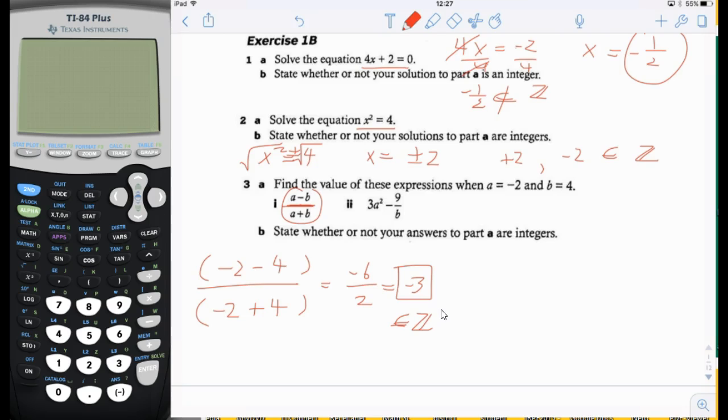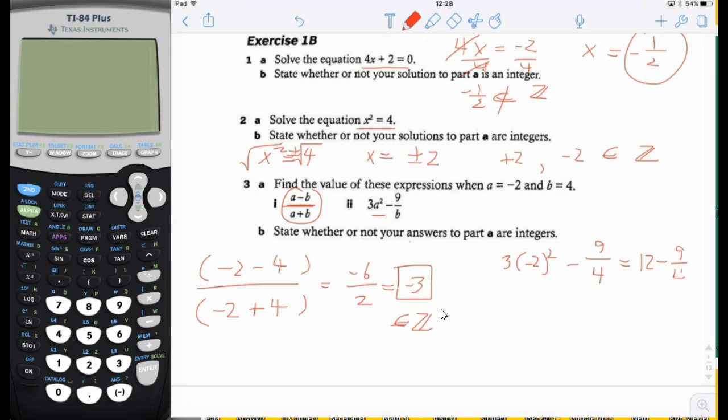3a squared minus 9 over b. So 3 times (negative 2) squared. Do you see when we substitute a equals negative 2 into a squared, we put it into parentheses, minus 9 over b, 9 over 4. Okay? And then negative 2 quantity squared is positive 4, so that's going to be 12 minus 9 fourths.